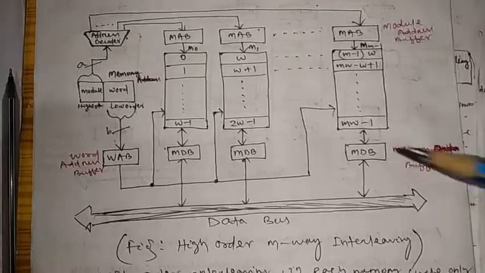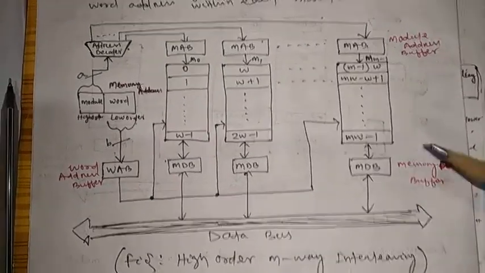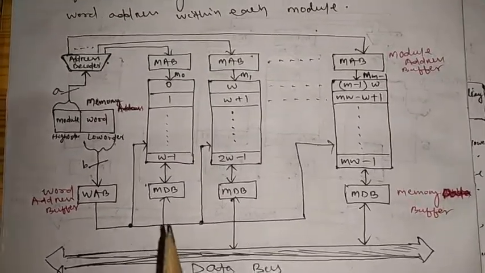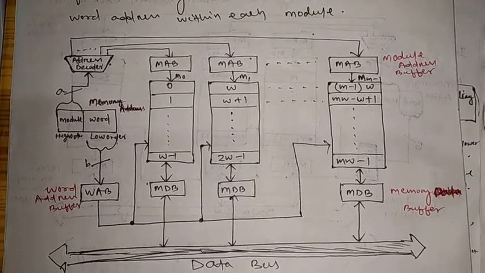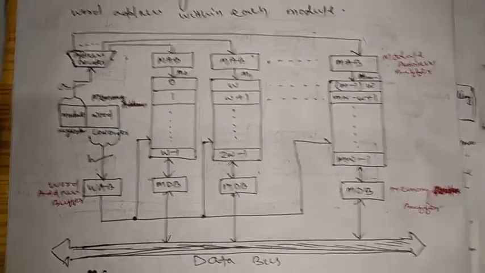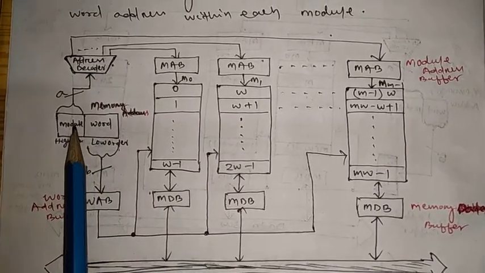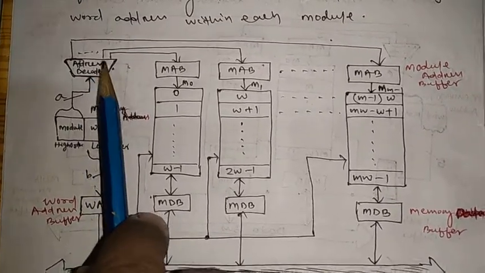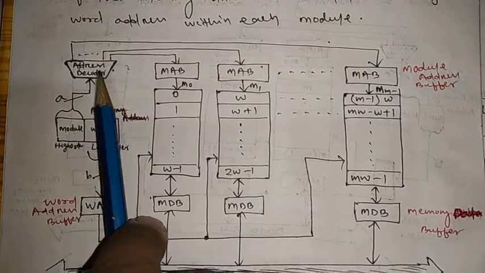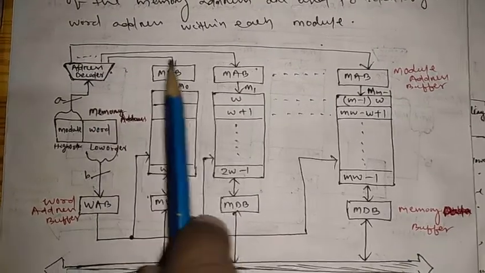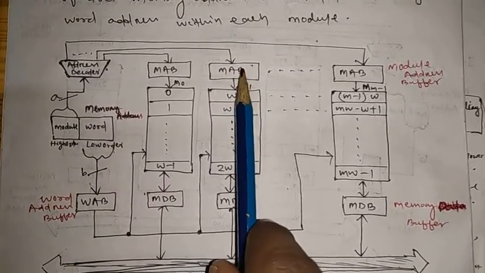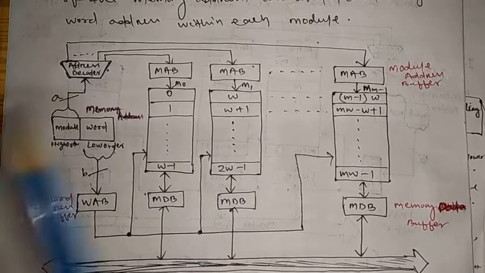This is the diagram of high order interleaving. It is similar to your low order interleaving technique, with only a small change. High order bits are passed to the address decoder, and this address decoder passes the bits to the corresponding MAB, and that MAB helps to find the corresponding module.